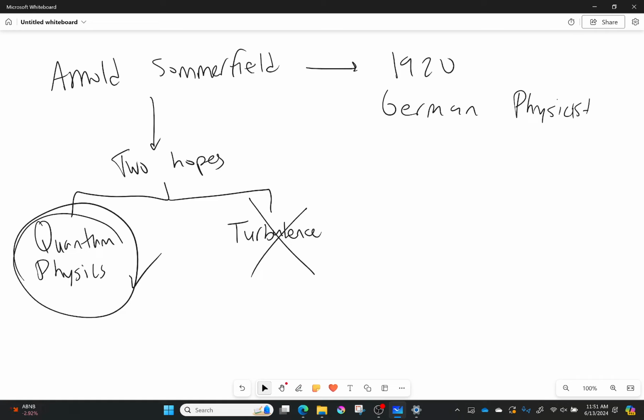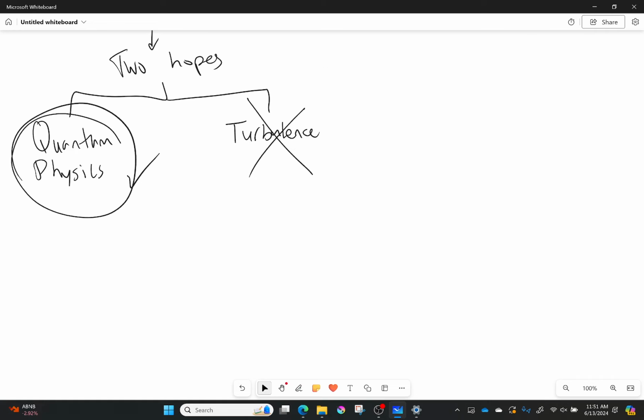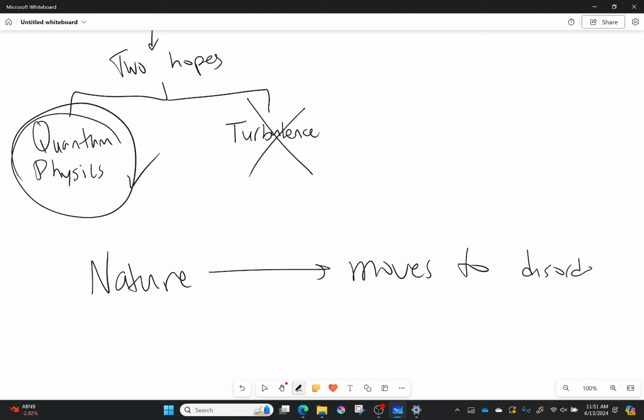Okay, so I'll give you the big overview, which is simply that nature always moves to disorder. This is the second law of thermo.